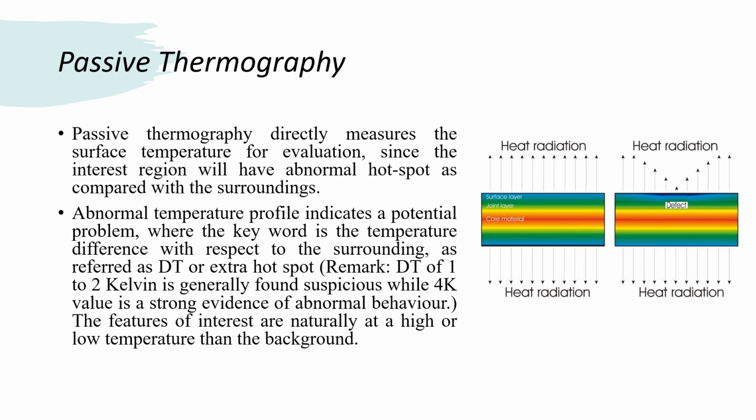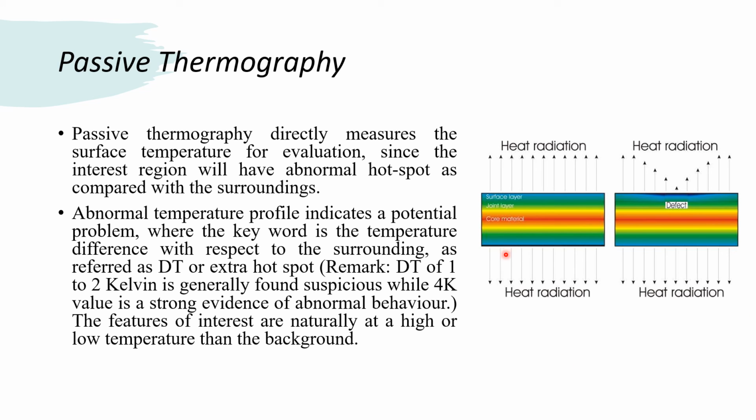An abnormal temperature profile indicates a potential problem, where the keyword is temperature difference with respect to the surrounding. The features of interest are naturally at a higher or lower temperature than the background.